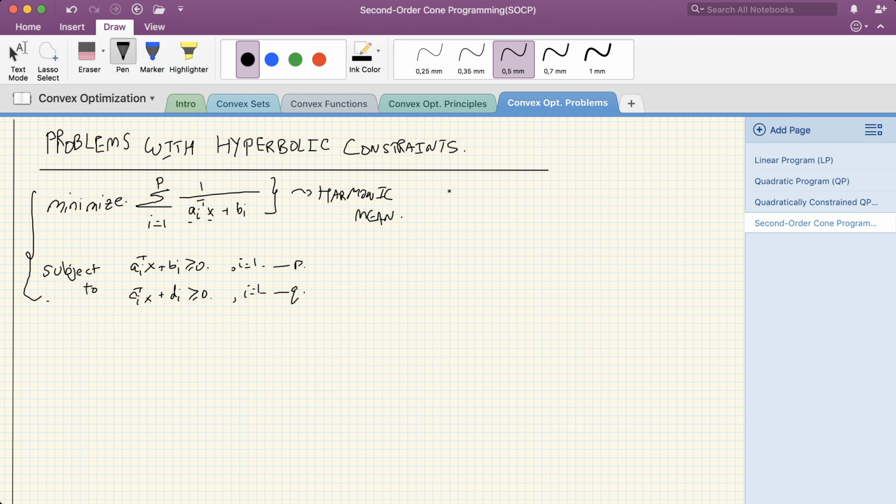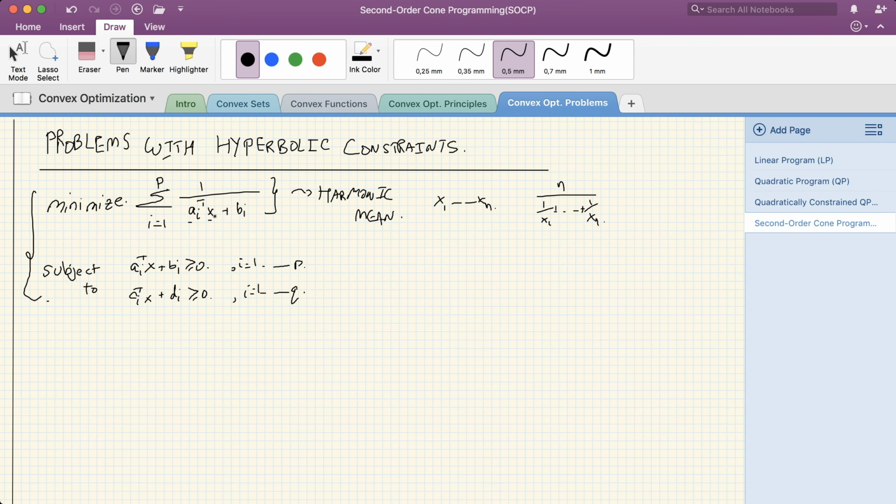Note that this cost is also referred to as a harmonic mean. The harmonic mean is simply the reciprocal of the mean of the reciprocals of a bunch of numbers. So if I want to compute the harmonic mean of x1 down to xn, it's nothing other than n over 1 over x1 plus ... plus 1 over xn. Well, here it's as if we're minimizing the harmonic mean of functions of the form a_i transpose x plus b_i.